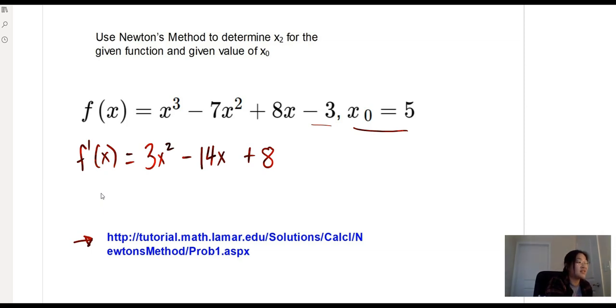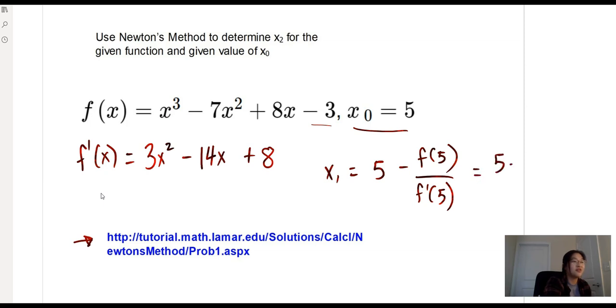So we have f prime is this, and we have f of x, and we have x naught. So x1 equals x naught, which is 5, minus f of 5 over f prime at 5. Let's do some math, I guess. So what is this? 5 cubed is like 225, minus 7 times 5 squared is like 8 times 25, but then minus 1, so there's that. 375?